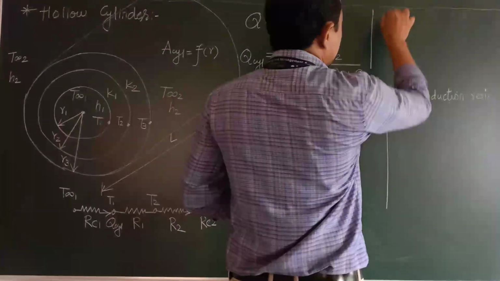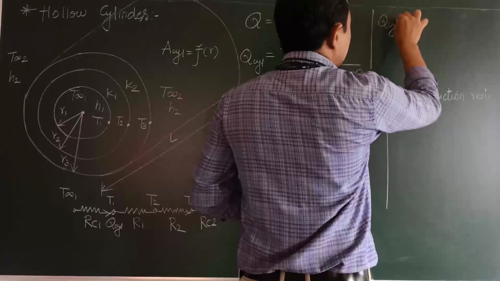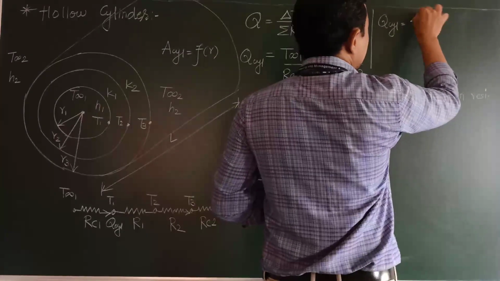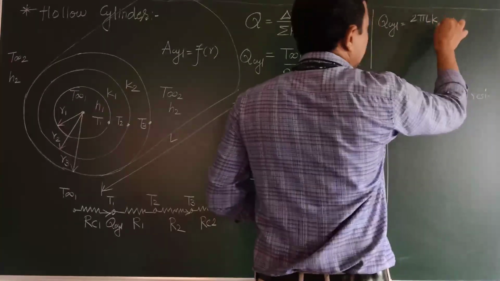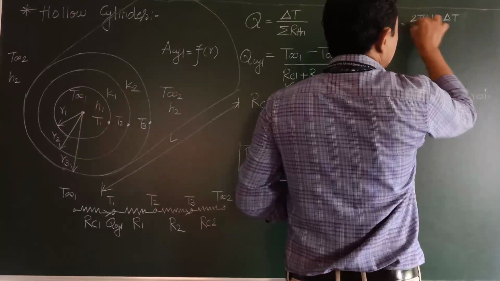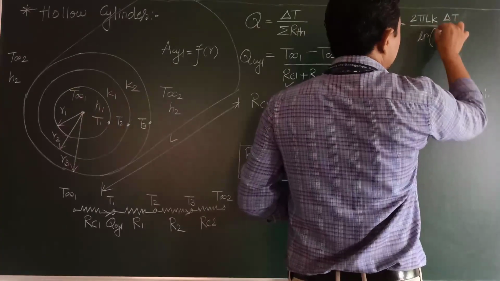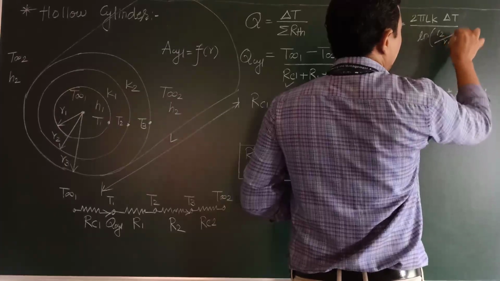We know that by Fourier's law of conduction, heat transfer from a cylinder is 2 pi Lk delta T divided by ln of R2 by R1.